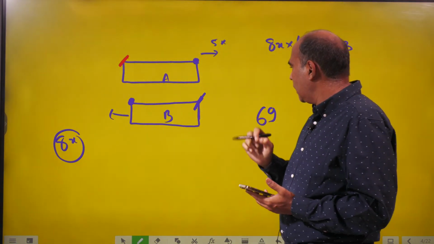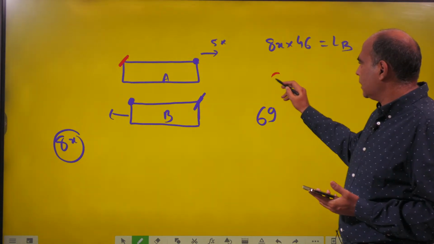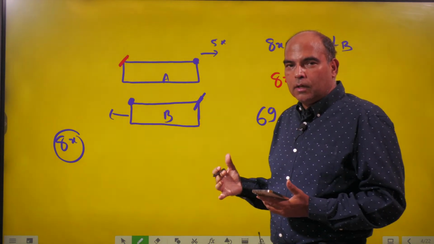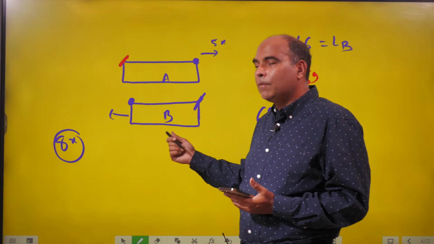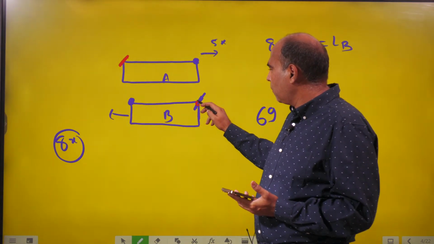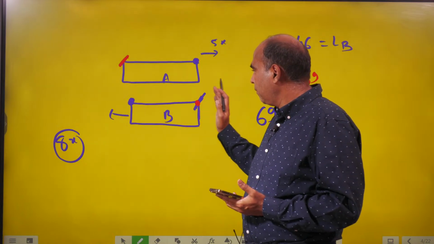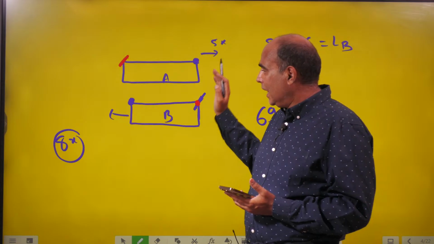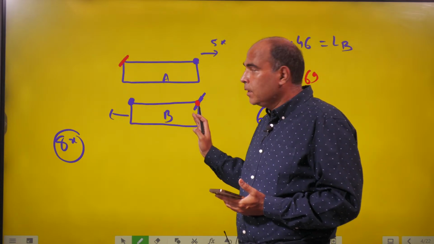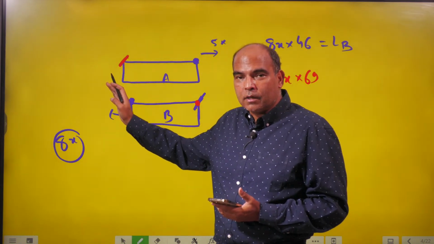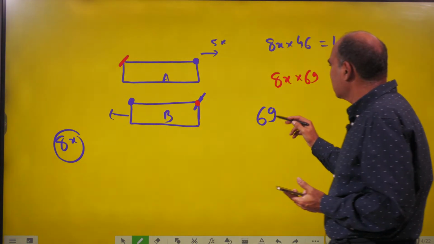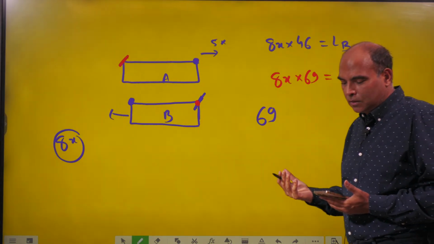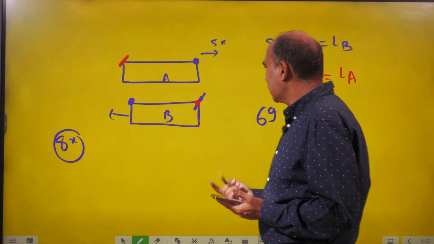So if you realize that, what you realize then is that 8x into 69, this 69 seconds crossing, in this case, the length of B becomes irrelevant because we are only talking about one point on B. We're talking about the back end at the start being in line with the front end of A, and at the end, the back point of B is in line with the back end of A, which basically means that 8x into 69 is the length of A. There's nothing in this question.